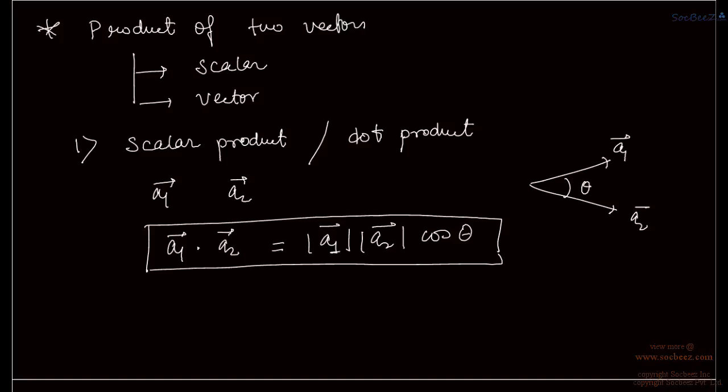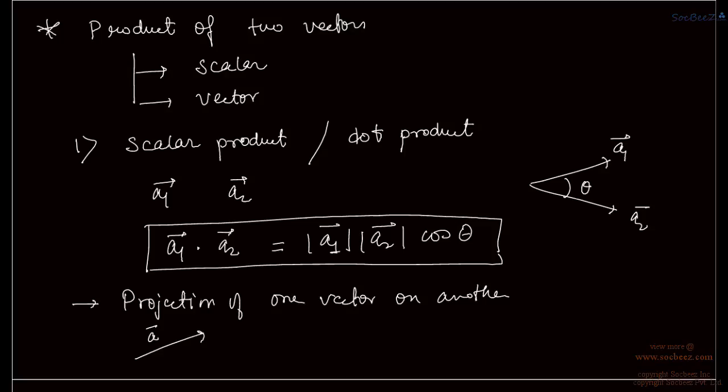In this concept of dot product, we will also look at the projection of one vector on another. Say this is vector A and this is vector B, and the angle between them is theta.